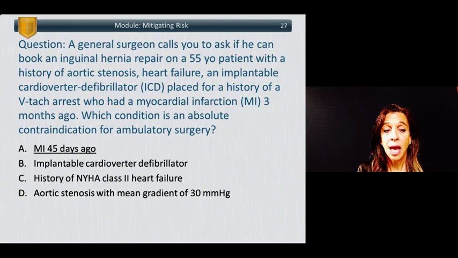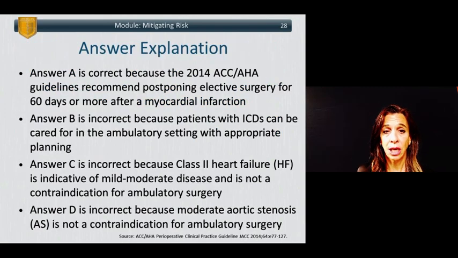And the answer is a myocardial infarction 45 days ago is considered an absolute contraindication to any types of surgeries, even non-ambulatory procedures. This is according to the 2014 ACC-AHA guidelines, which recommend postponing elective surgeries for 60 days or more after a myocardial infarction.